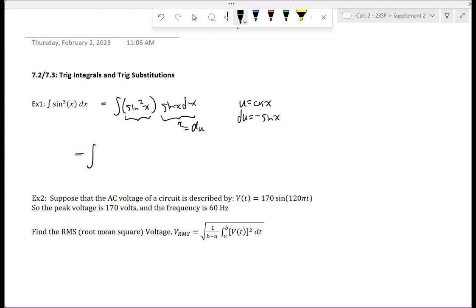That doesn't convert nicely into u, so we'll do a little bit of work on that. We want to rephrase sine squared x in terms of cosine x. So we have 1 minus cos squared x from the Pythagorean identity. And then we have a negative du.